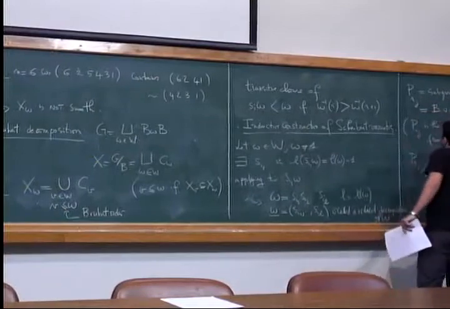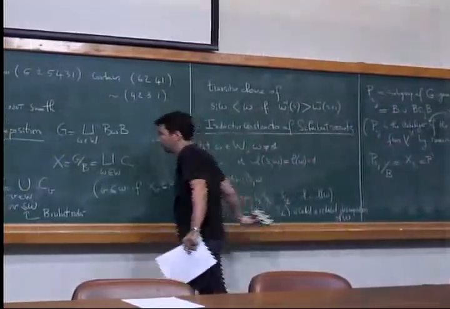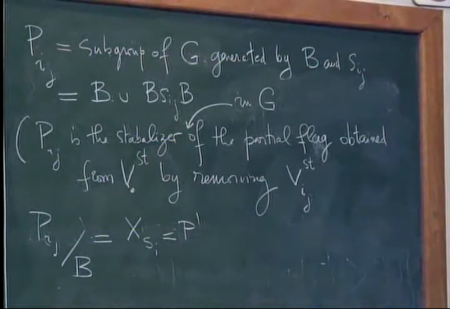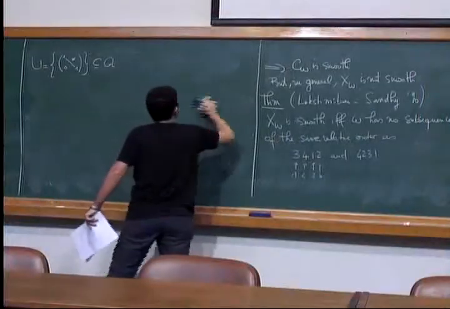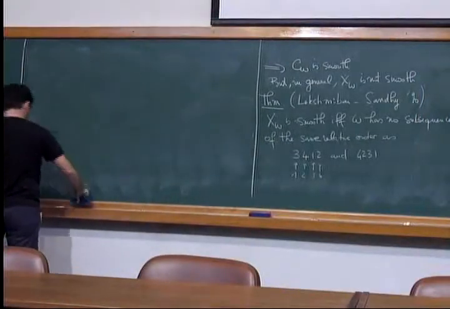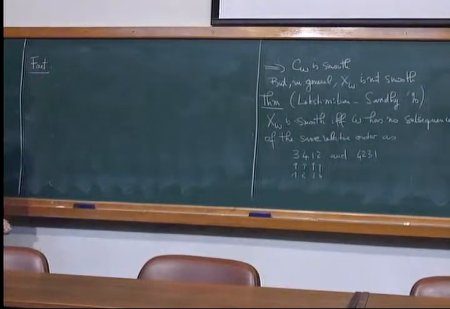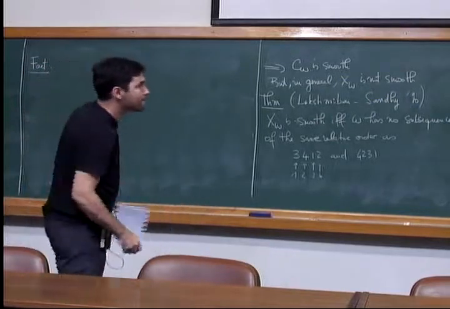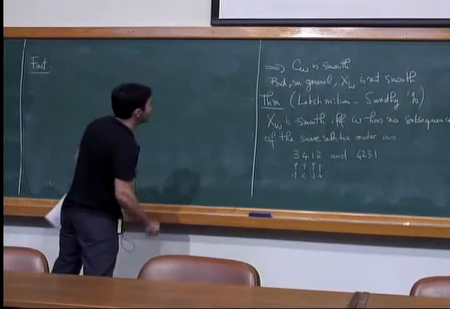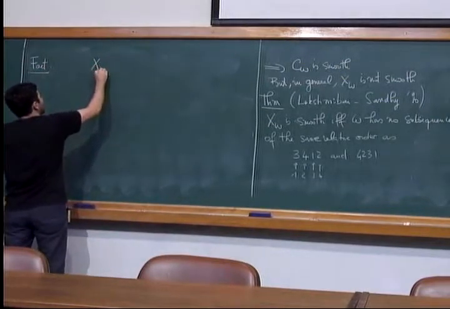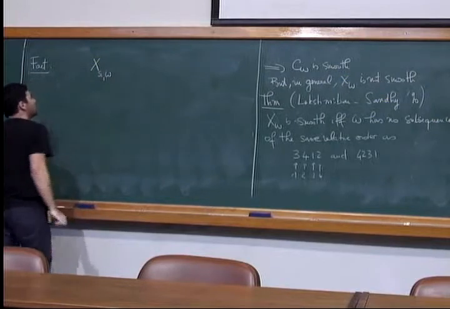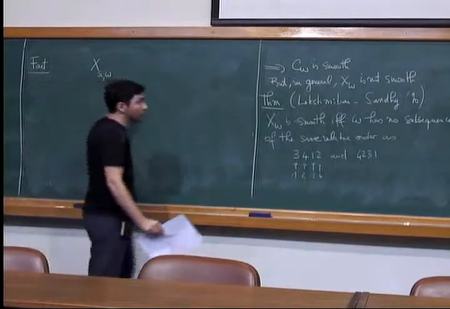Now one can describe the Schubert variety in terms of the reduced decomposition and this minimal parabolic subgroup. You can consider first the Schubert variety associated to s_{i1} w.